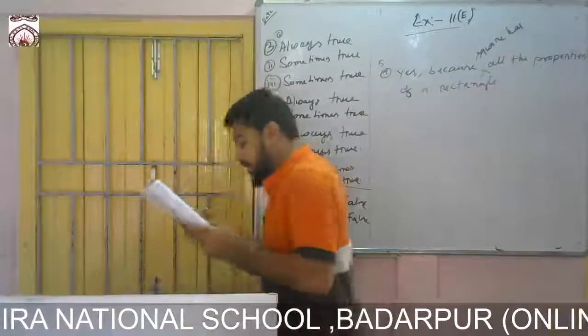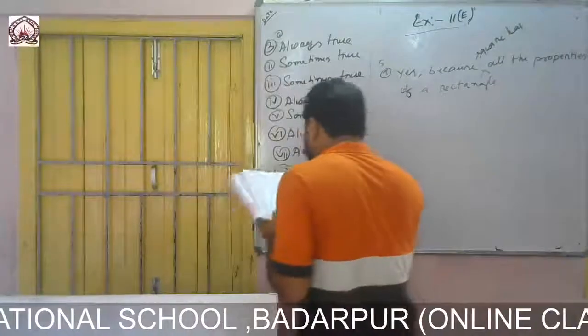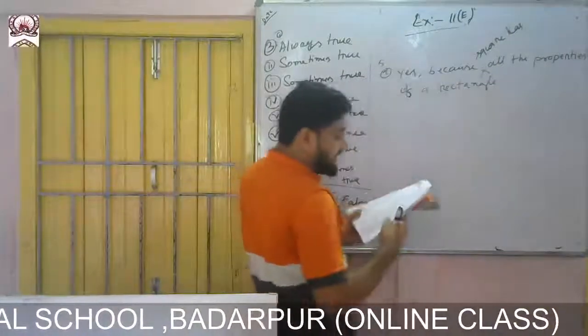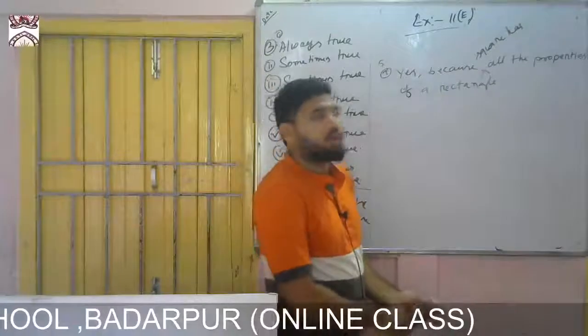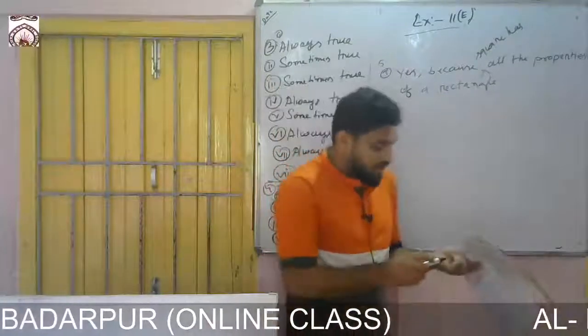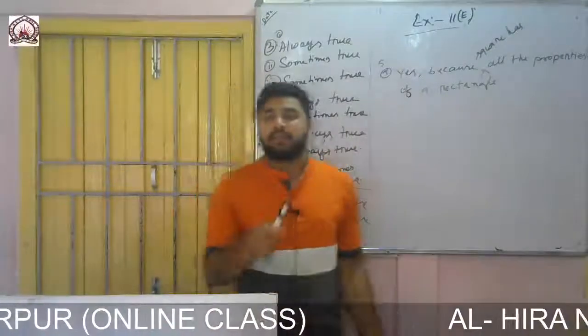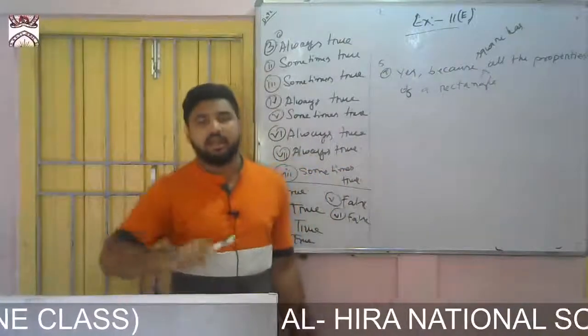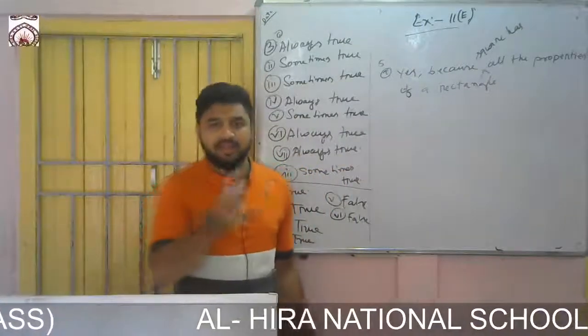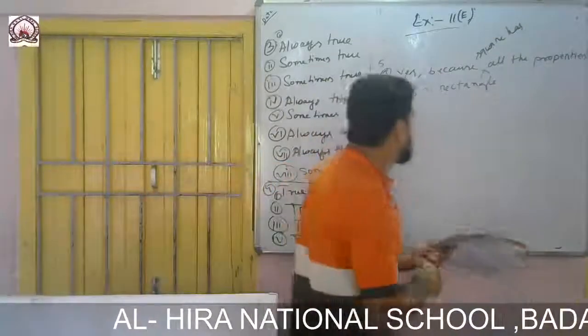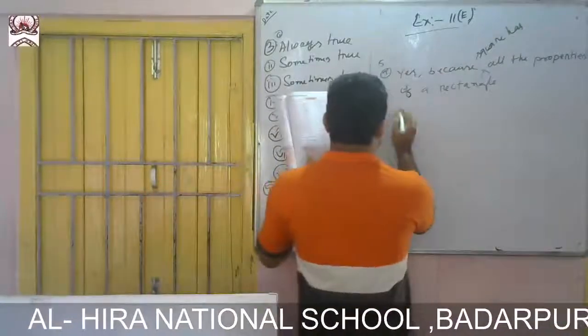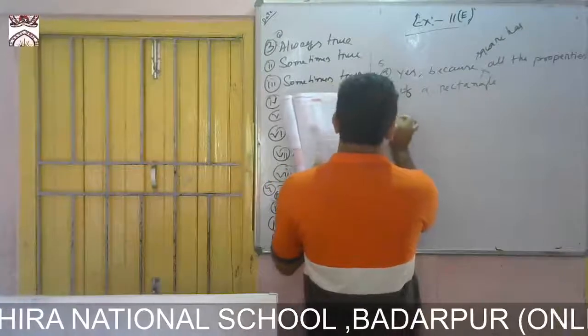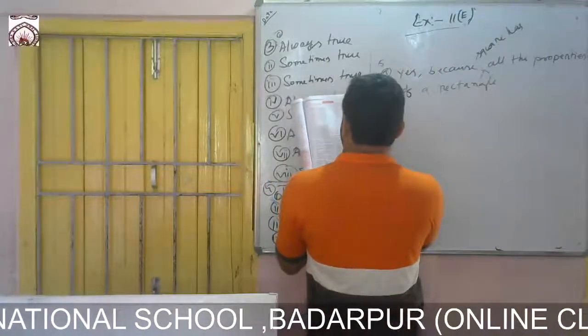Okay. Now come to 2. A rectangle can be thought of as a special parallelogram. Yes. Why? Because in a parallelogram the opposite sides are parallel to each other. And in a rectangle also the opposite sides are parallel to each other. So you can say that it's a special parallelogram. Right.